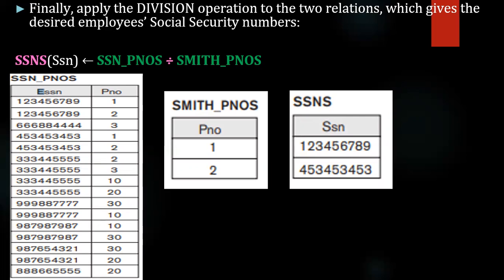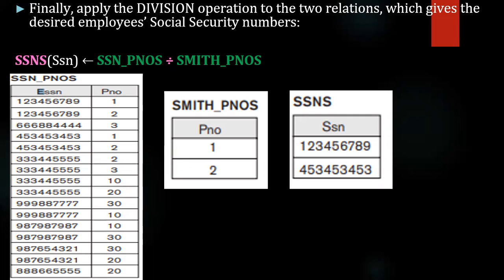Like this we have extracted the required result from the relations of the relational database. So this is about the division operation, and here we have observed how the division operation extracted the details which match with all the tuples of the denominator.